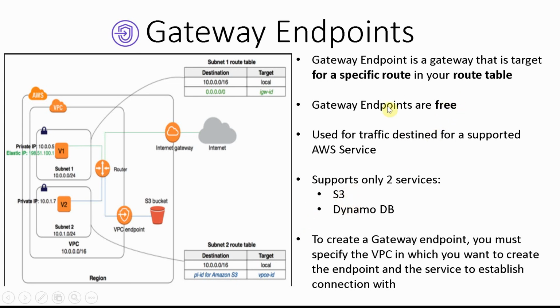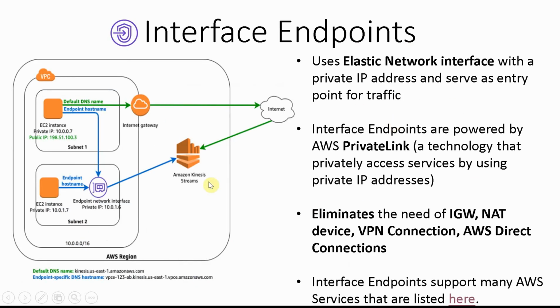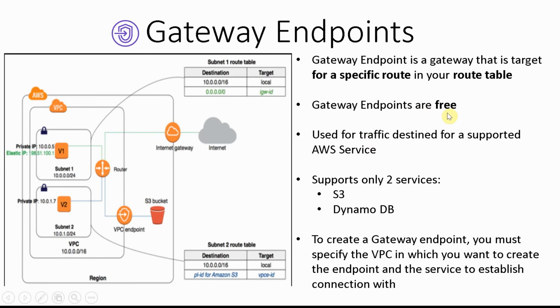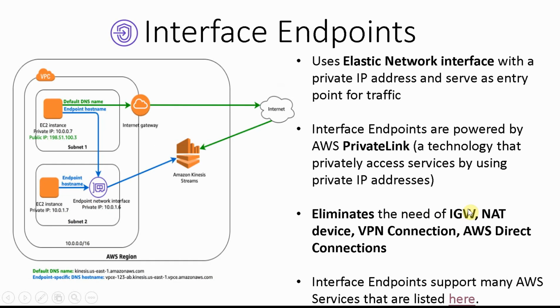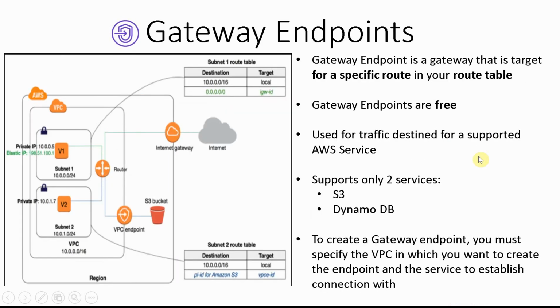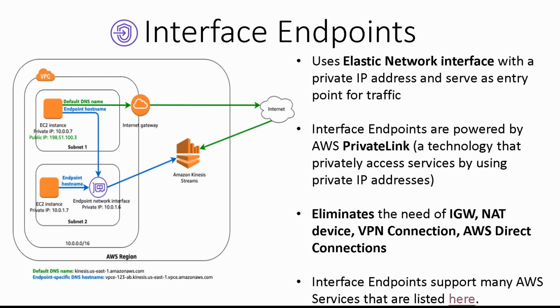There will not be any charges for using this gateway endpoint. Whereas the interface endpoints have usage charges. The only limitation is that this supports only these two products, whereas the interface endpoint list is growing, so you saw that very big list coming out, right? So that is the difference between interface endpoint and gateway endpoint.